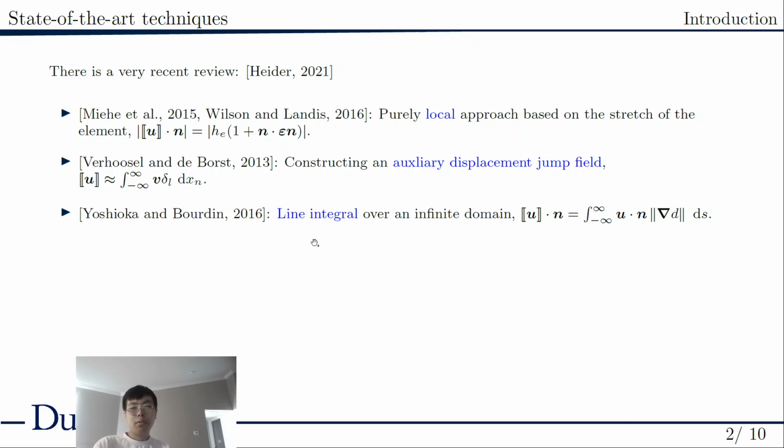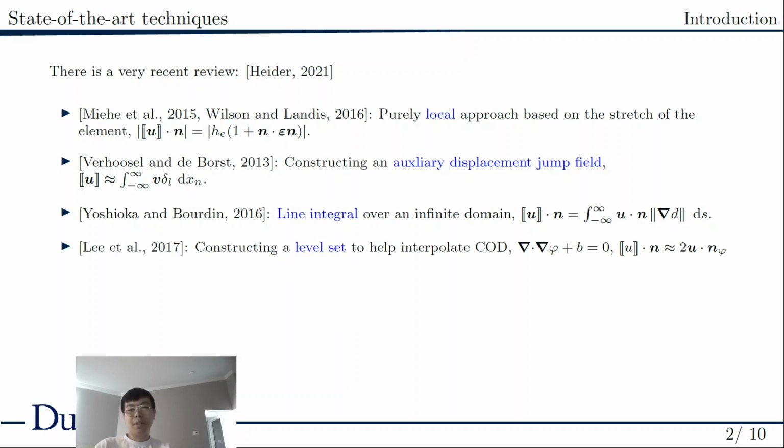The third approach is probably the most accurate approach because it is a direct regularization of the displacement jump, but it has the limitation that you have to have exactly one straight crack inside the domain, and you know where you want to perform that line integral.